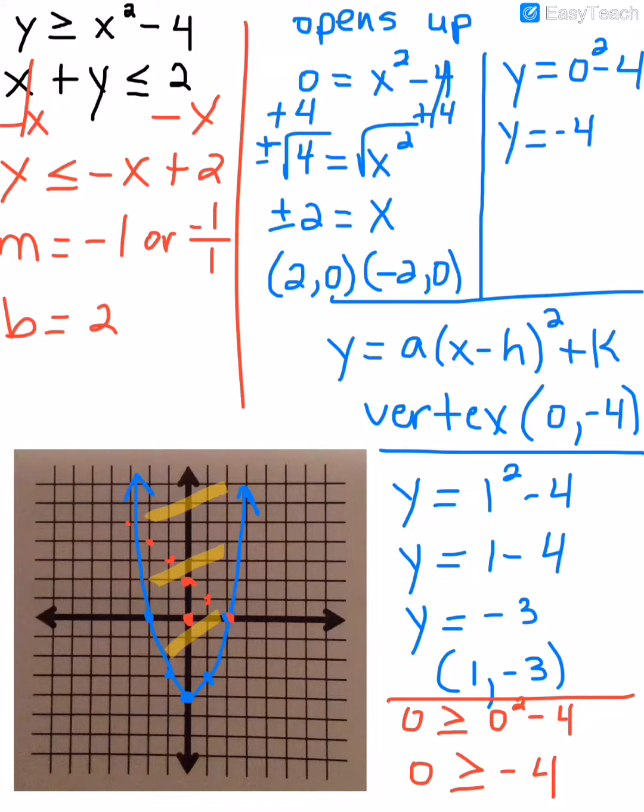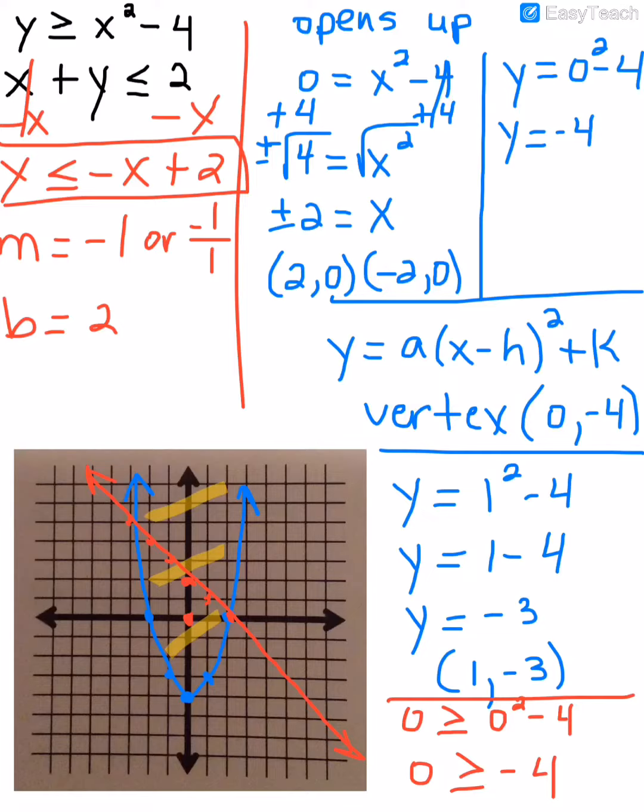Okay, so I need to determine if my line is solid or dashed. Since my inequality is less than or equal to, that means it's going to be a solid line. And if it's linear, I look at the equation in slope-intercept form.